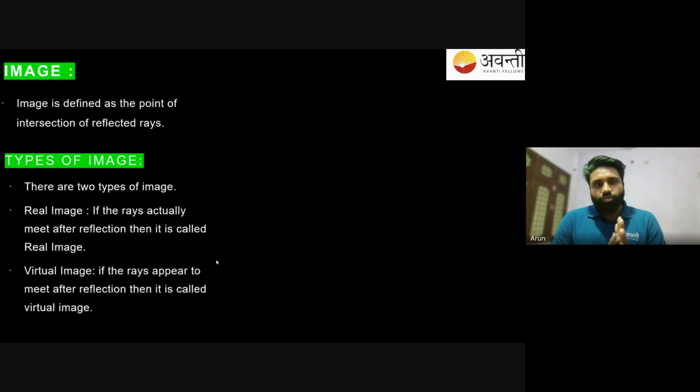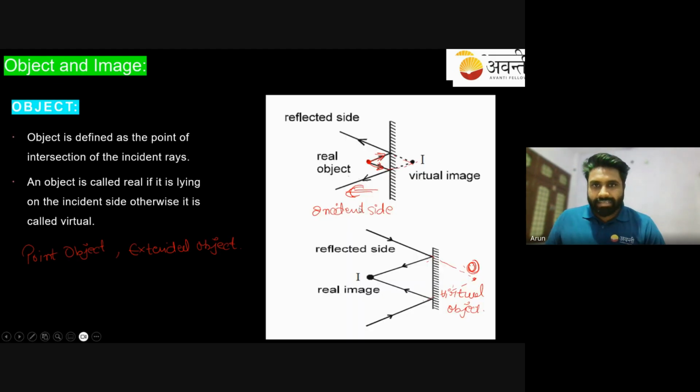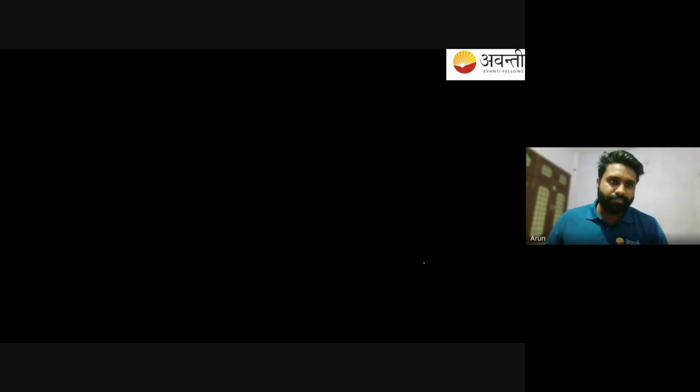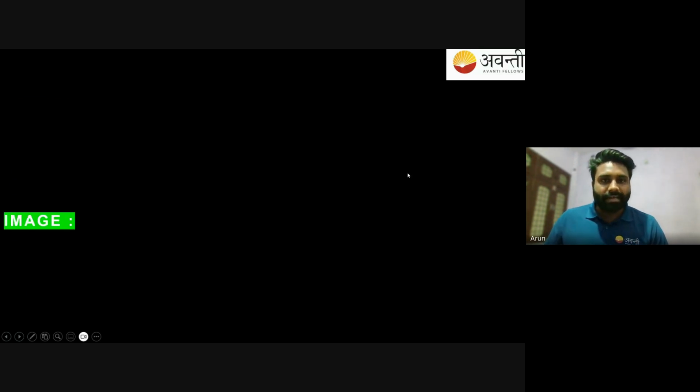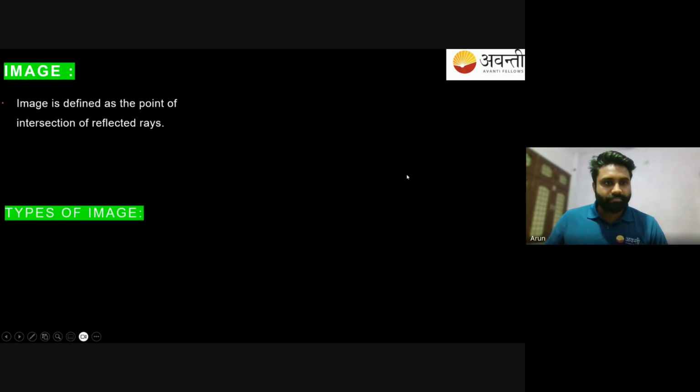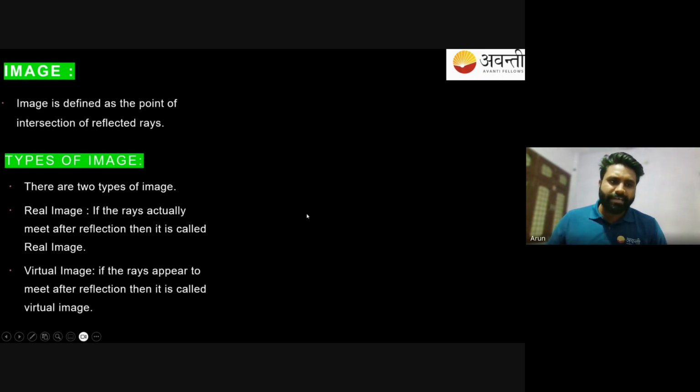If the rays are actually meeting, as we have seen in the earlier example, these rays are actually meeting here. So this would be considered the real image. But for the upper one, these rays are not actually meeting, but appear to meet. So that would be considered the virtual image. This is the simple definition that we have.